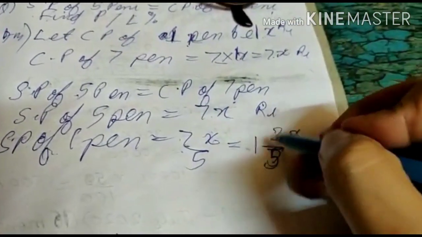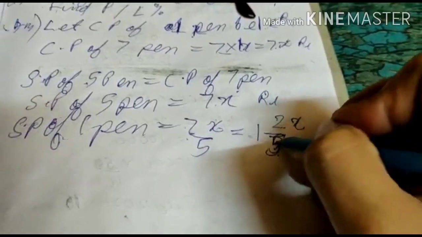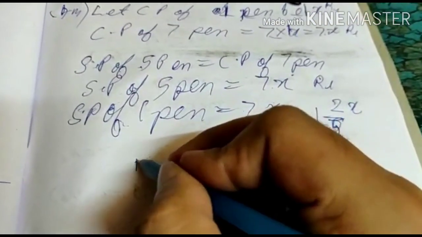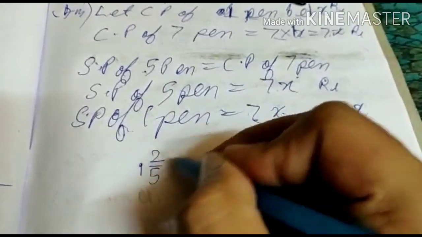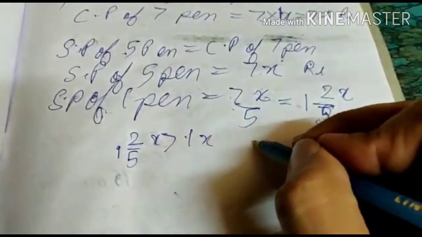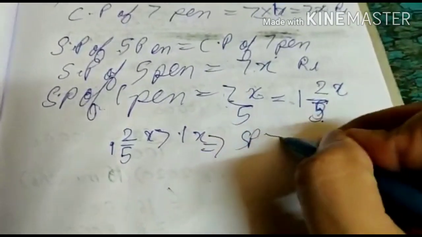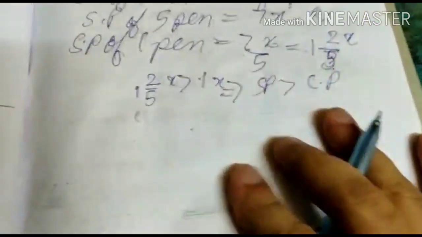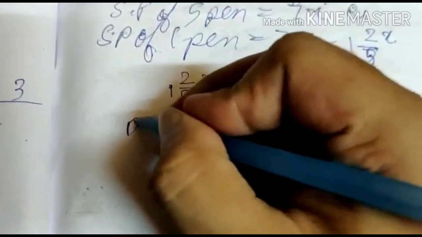So between 1X and 1 whole 2 upon 5 X, 1 whole 2 upon 5 X is greater than 1X. This means SP is greater than CP. If SP is greater than CP, then it is a profit.